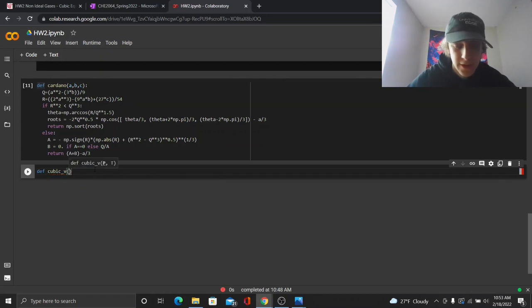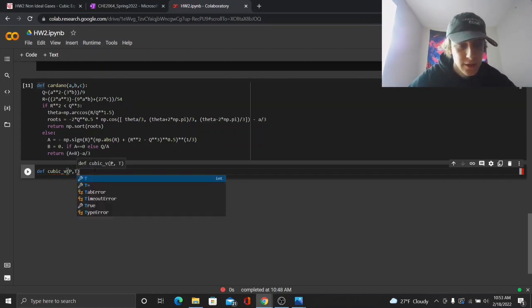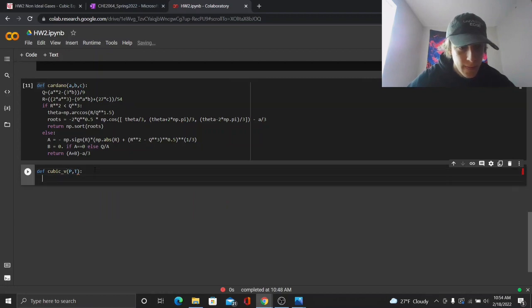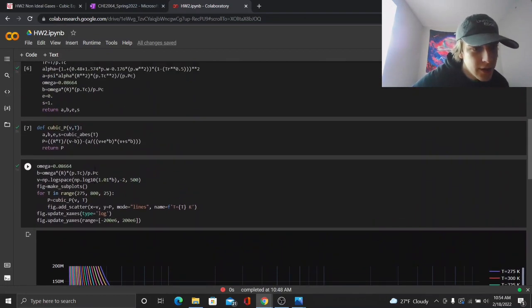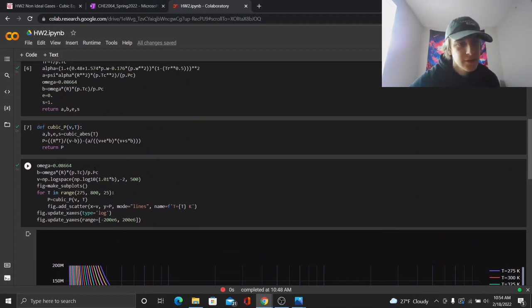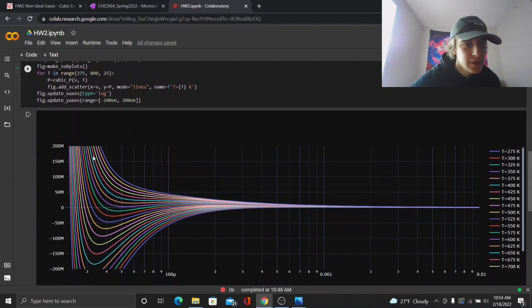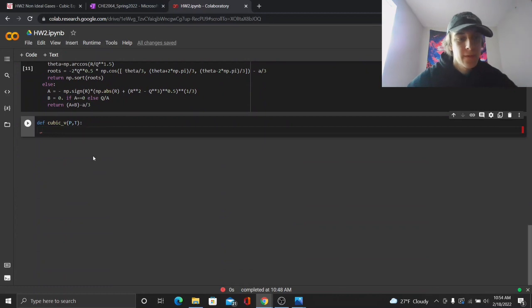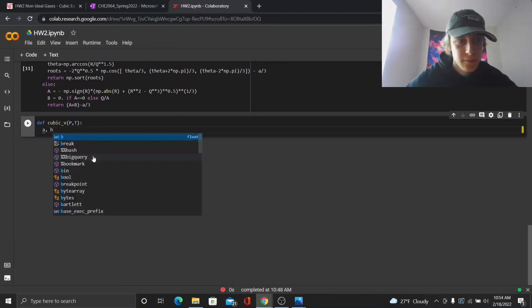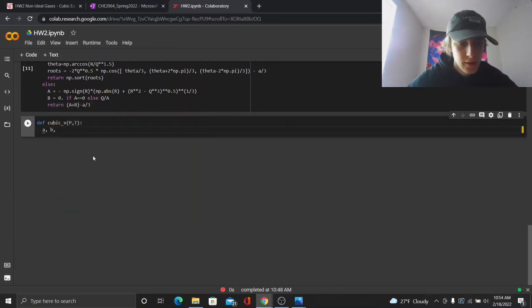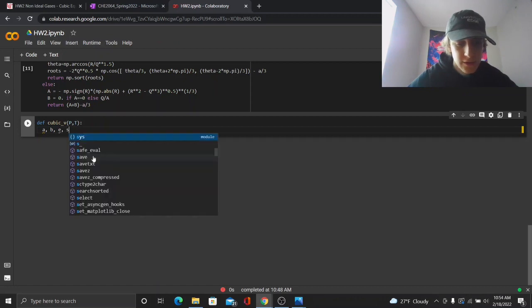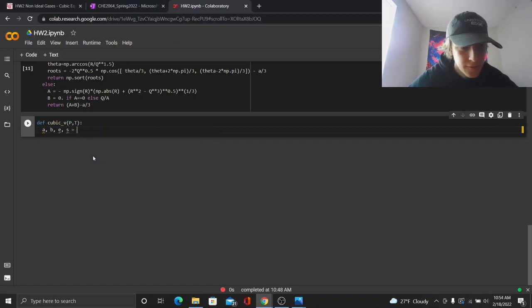So first I'm going to define a function for the volumes, and again we will be entering a pressure and a temperature, and then we're going to need our A, B, epsilon, and sigma values from before up here. So that's our A, B, epsilon, and sigma from our cubic.